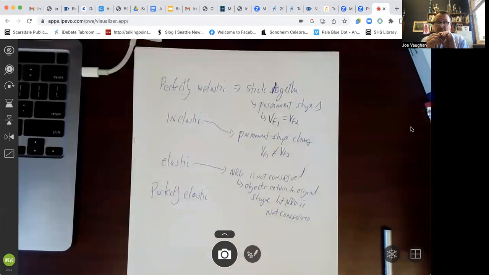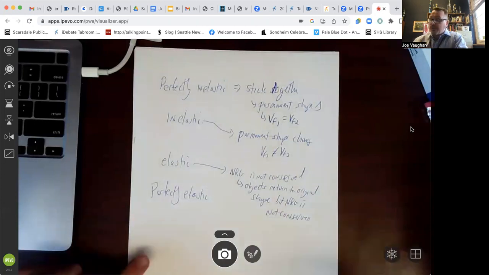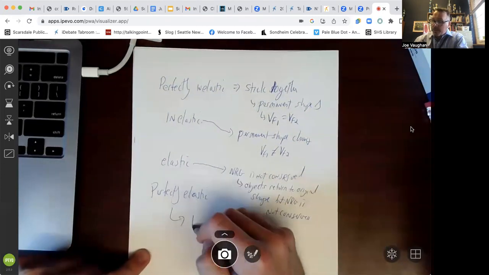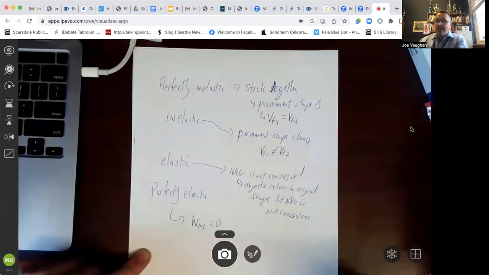If you ever stretch something a lot, you know it heats up, right? There are certain interactions which are elastic, meaning that the shape of the objects is not changing through that collision, but the total energy of the system is changing because of things going to heat and to sound. And then you have perfectly elastic collisions where the work done by all non-conservative forces is equal to zero.